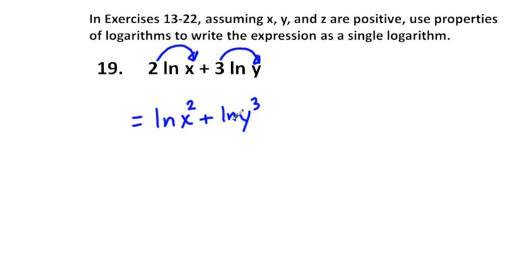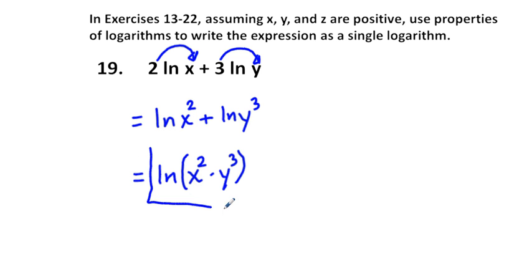And now we can rewrite this sum of two logarithms as the single logarithm of a product of these two. So we're going to write these two logarithms as the logarithm of the product of x squared and y to the third power. So that's really all there is to it.